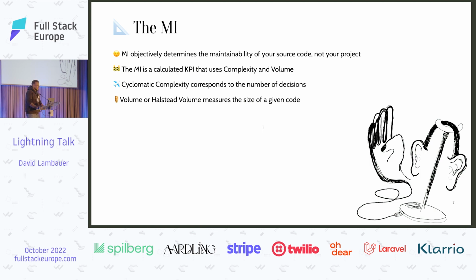To be precise, we need the cyclomatic complexity, which basically is the number of decisions in your source code. For example, an if condition is a decision. And then we also have the volume, or again to be precise, the Halstead volume, which measures the size of your project. It needs lines of code, but also the number of operators, for example.